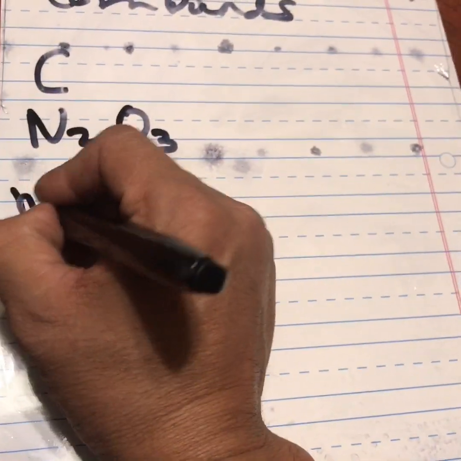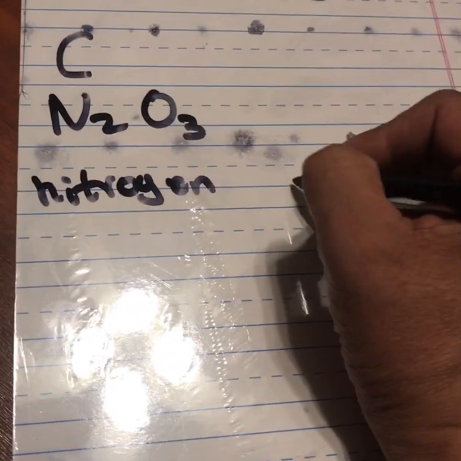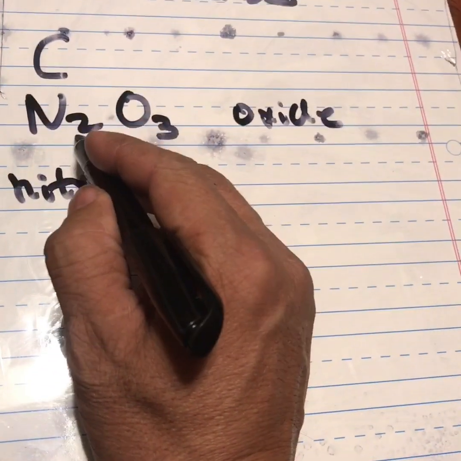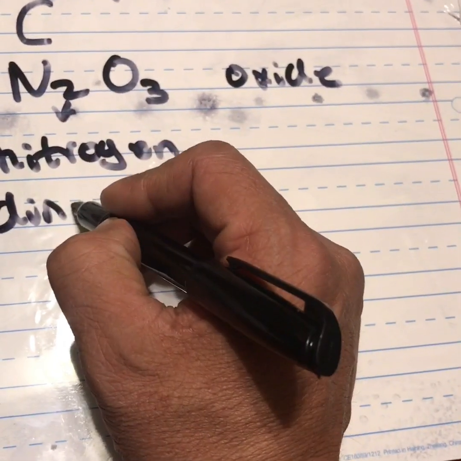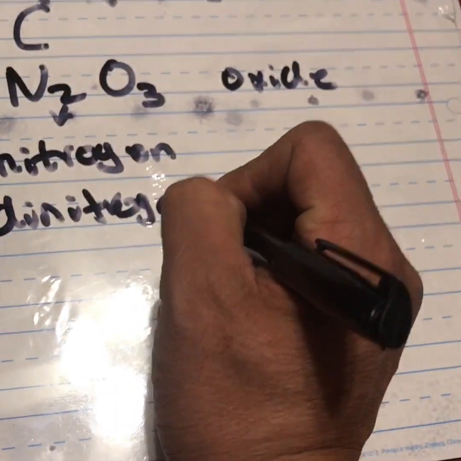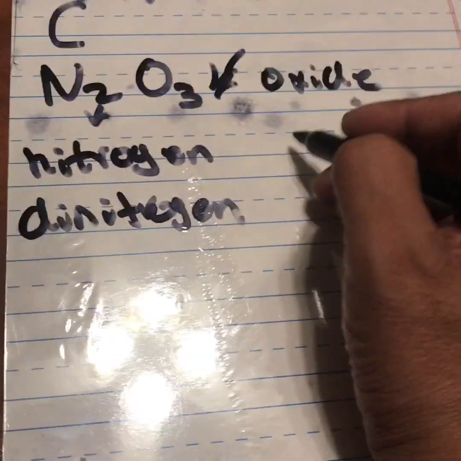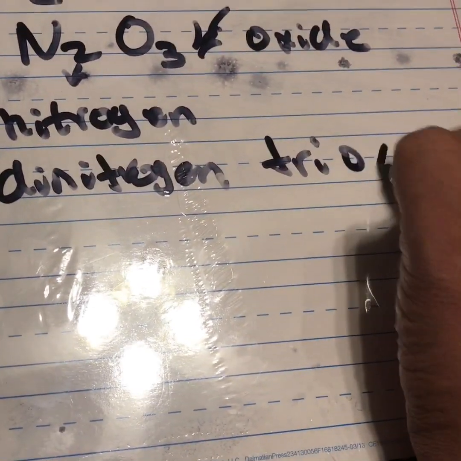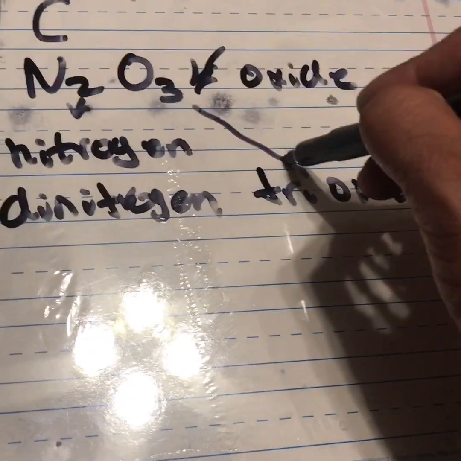So we have nitrogen, we have the O3 with oxide, so we have two nitrogens, so we have dinitrogen, and then we have three oxides, so we have dinitrogen trioxide. So this indicates we have 3, and this one indicates that we have 2.